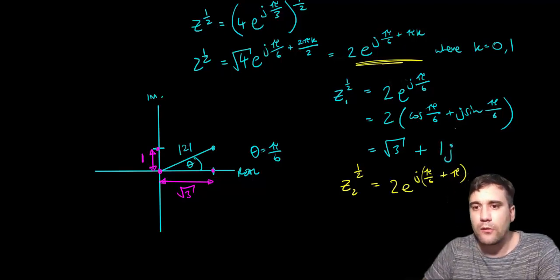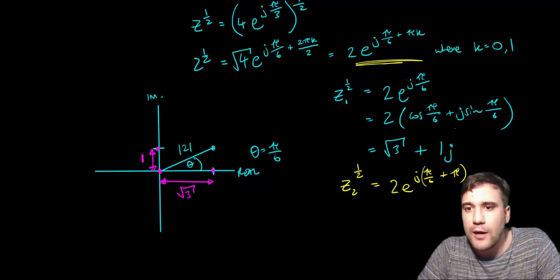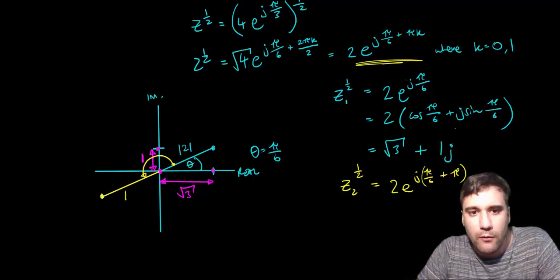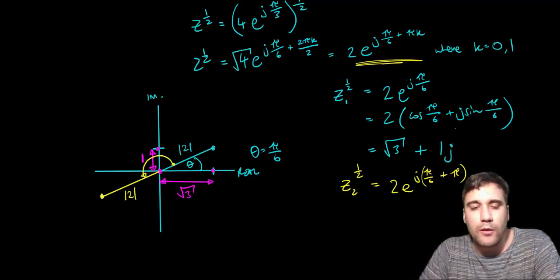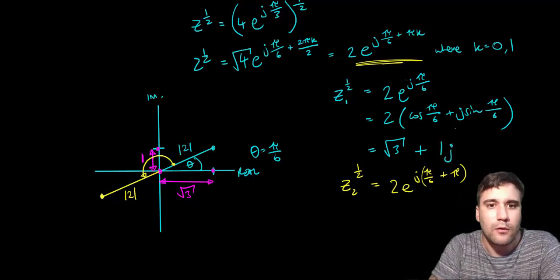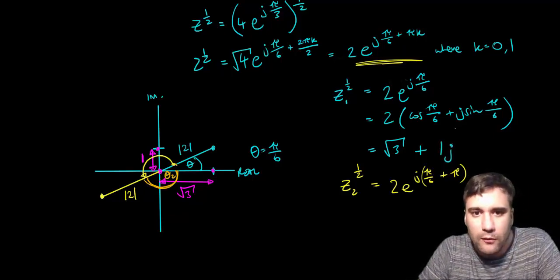So this is interesting because really all that's going to happen is we've got the same magnitude, but we're going around π radians. π radians is 180 degrees. So if you imagine from this guy, we're going around π radians. So what we're going to end up with, and hopefully you see this, is something that's magnitude 2 here, and we're going to end up with an angle which is this guy here, beta 2.